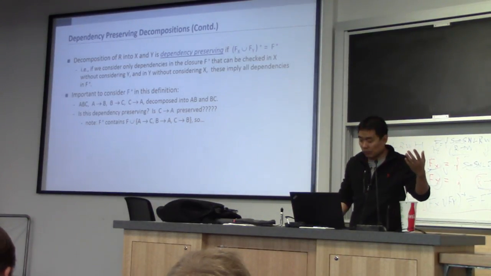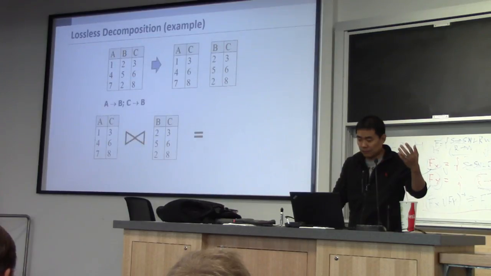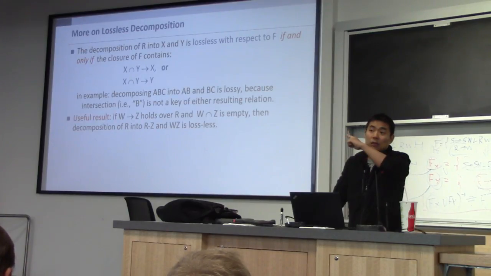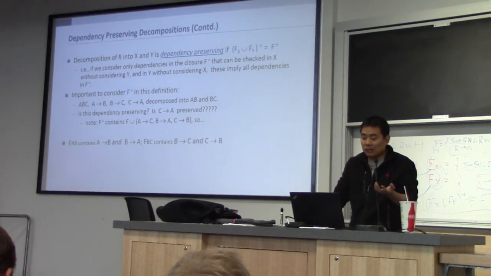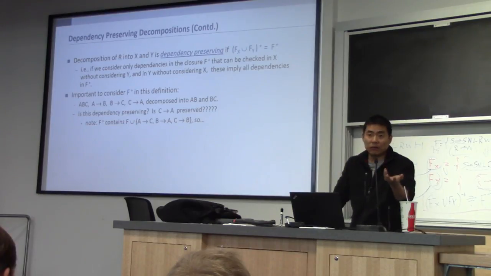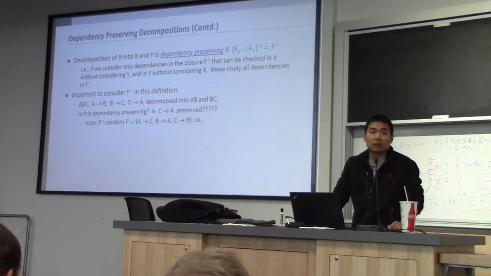You don't need to determine both of them. In this case, the intersection actually determines both of them. So it's more than necessary, but fine, we will take that. So it is a lossless strong decomposition, right?